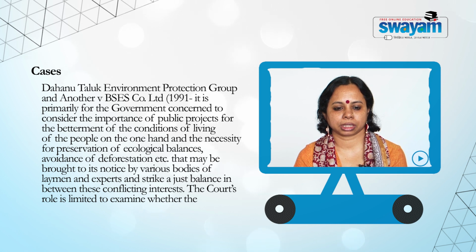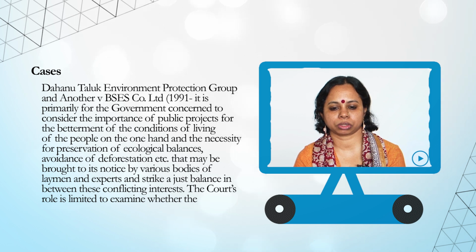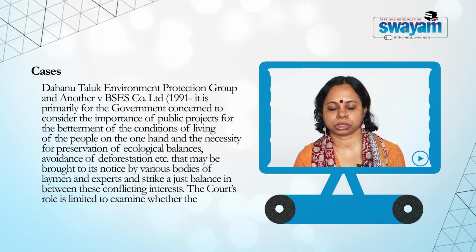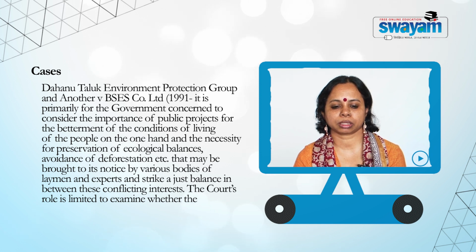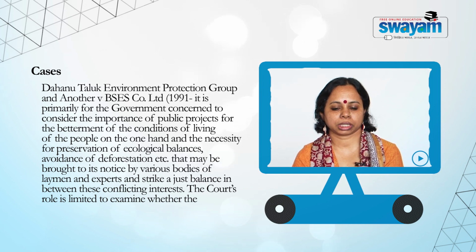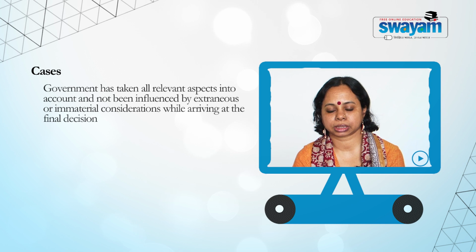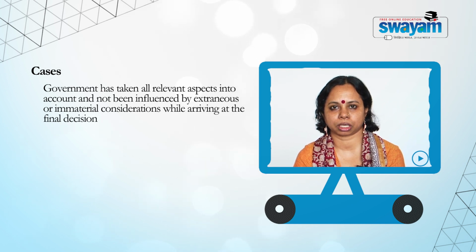The court said the government is to consider the importance of public projects for the betterment of the conditions of living of the people on the one hand, and the necessity for preservation of ecological balances and avoidance of deforestation that may be brought to its notice by various bodies of laymen and experts, and try to strike a balance between these conflicting interests. Therefore, the court's role is limited to examining whether the government has taken all the necessary measures into account before granting a license for a project or before approving a public project.